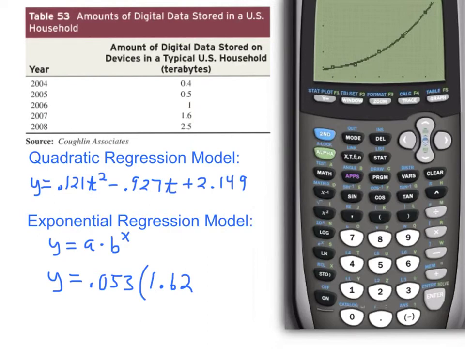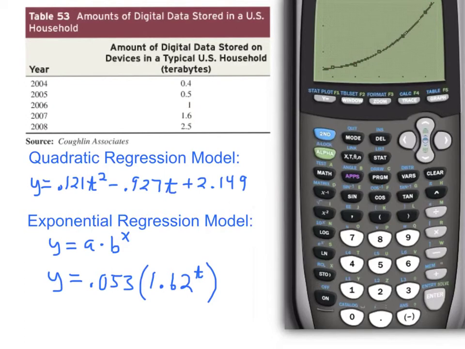And I'm going to use t instead of x because it represents time in years. So that would be our exponential model. Y equals 0.053 times 1.62 raised to the t power. So both of the models appear to fit the data points very well. As you can see from this graph, the two models are pretty much right on top of each other. So the question is, which one is better?